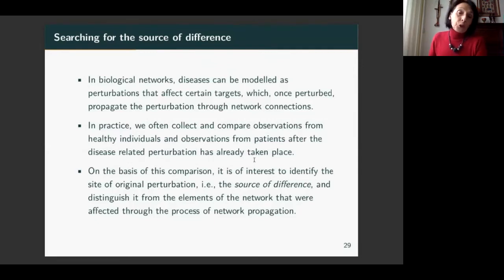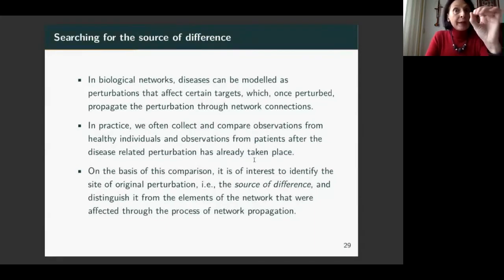So typically what you have here are observations in a controlled situation, healthy individuals, say, and then you have observations in diseased individuals. And what you want to do is to compare the two conditions, so to try to explain the differences.